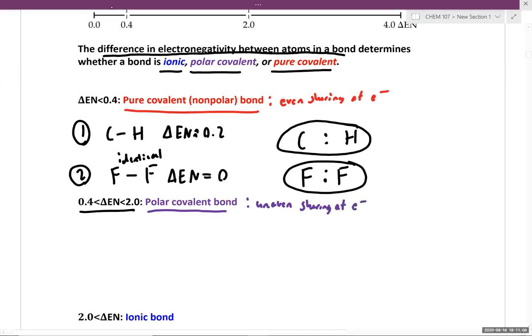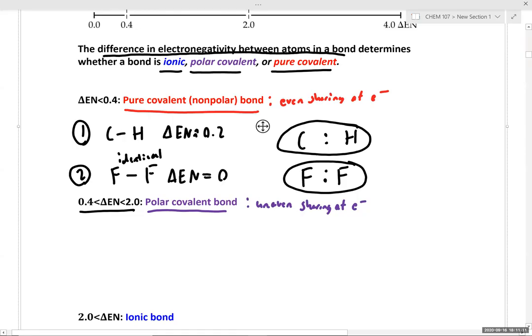For example, suppose we're looking at a carbon-oxygen bond, which has a difference in electronegativity around 0.6. What you just need to know is that oxygen is farther to the right than carbon. You don't need to know the exact electronegativity numbers, just the trends.